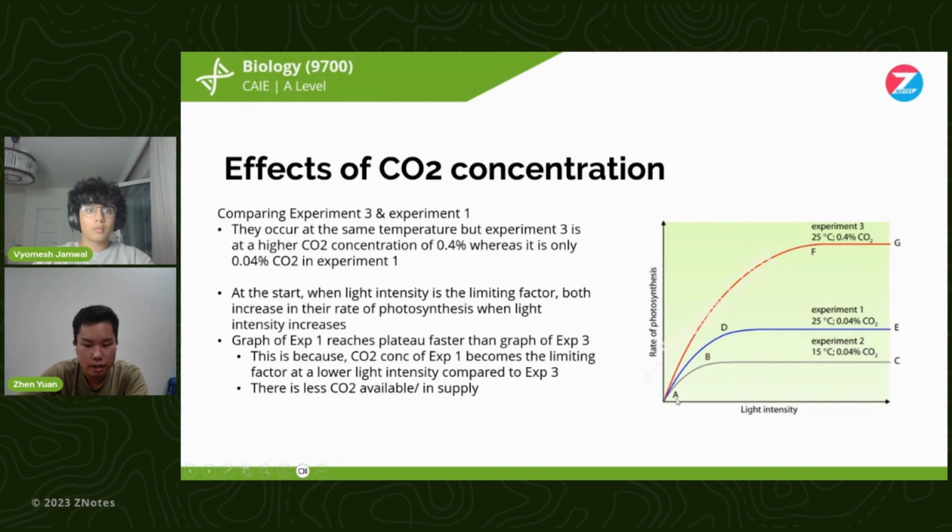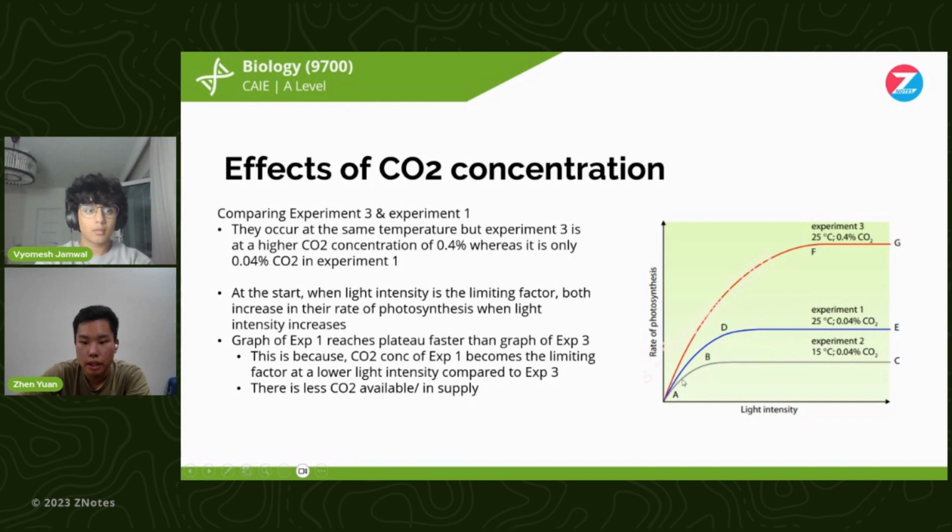So at the start, when light intensity is the limiting factor, your light intensity is on your x-axis, both increase in their rate of photosynthesis when light intensity increases. However, as you can see here, the graph of experiment 1 reaches the plateau faster than the graph of experiment 3.